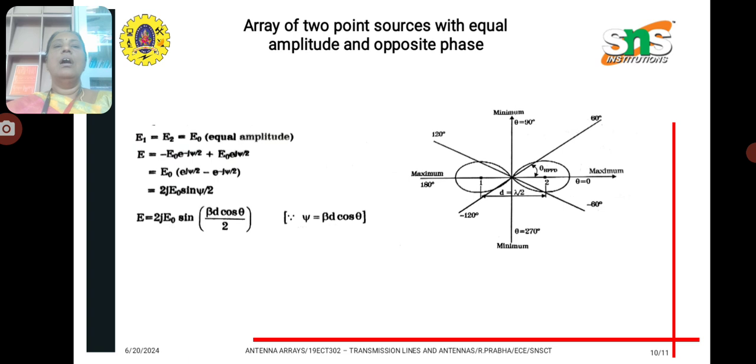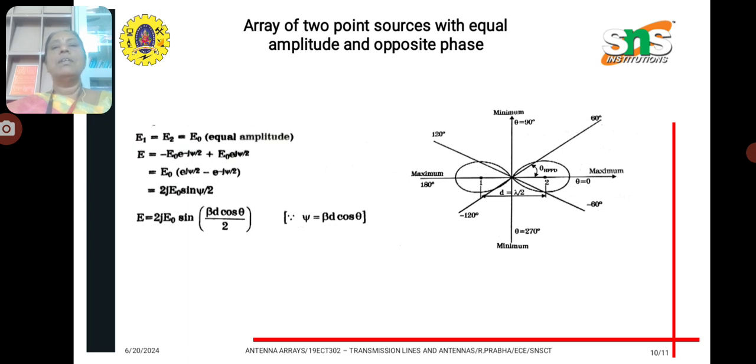Similarly, for an array of point sources with equal amplitude and opposite phase, with psi equal to beta d cos theta, we have E equal to 2j E0 sine of beta d cos theta divided by 2. Here it is a sine formula because the two fields are opposite. We can write E1 equal to E2 equal to E0 because both have equal amplitude, but since the first antenna is lagging in phase with respect to the second antenna, it is kept negative.